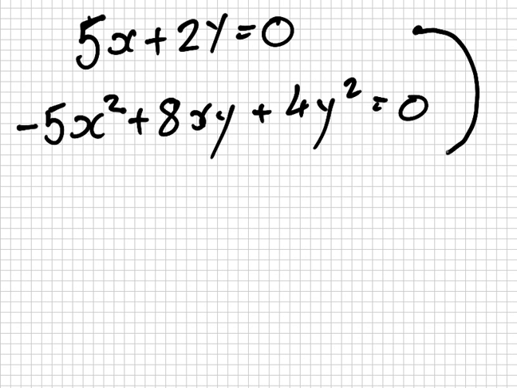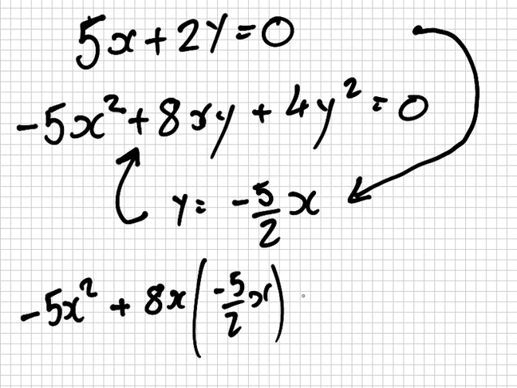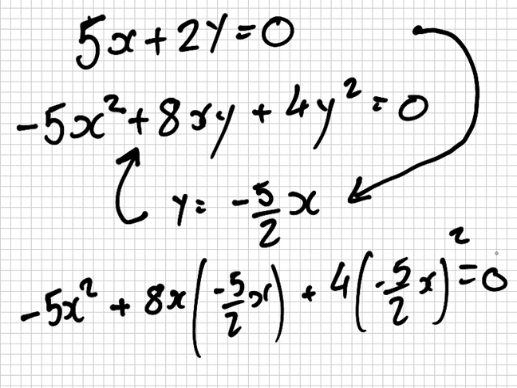So this first one here, I can rewrite it as y equals minus 5 over 2x. Donna, did you do that first? Yeah, okay. So now I put that in here. And I get minus 5x squared and then 8xy, so this gets multiplied by 8 and x. So plus 8xy minus 5 over 2x plus 4y squared needs to equal 0.